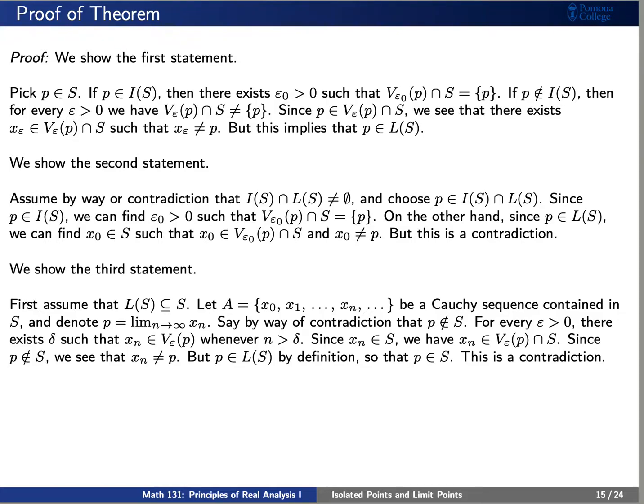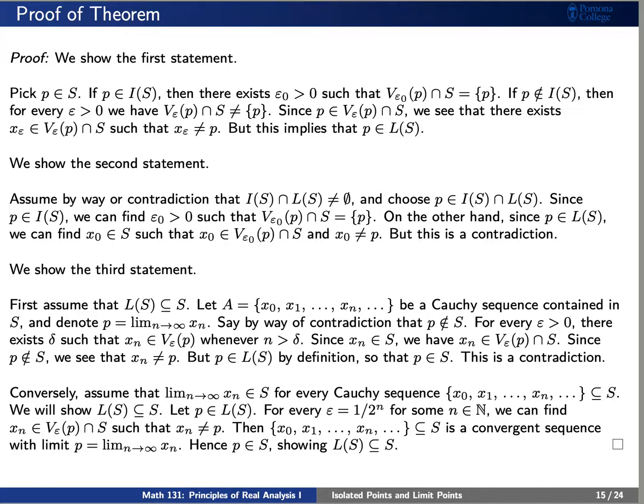Let's say by way of contradiction that P is not an element of S. Then, winding through the definitions, for every epsilon we can find a delta such that x sub n is an element of the intersection V epsilon of P with S. But because P is not in S, then this actually means that P must be a limit point of S. But L of S is contained in capital S, so P is contained in capital S. This, of course, is a contradiction.